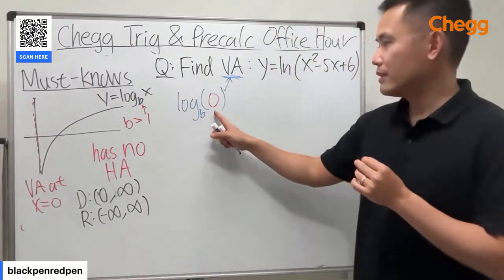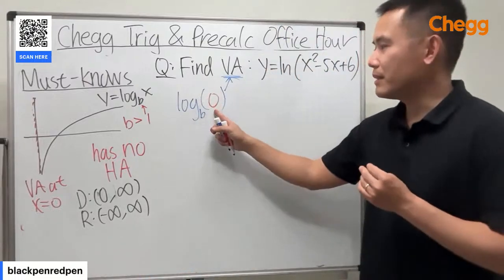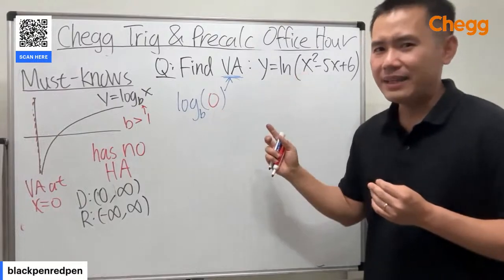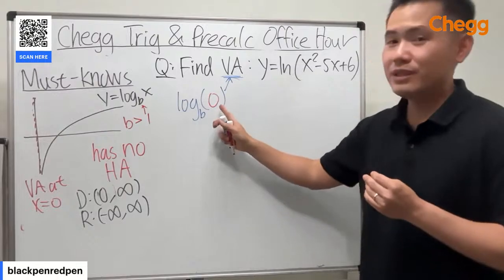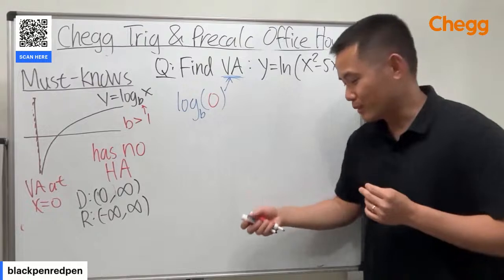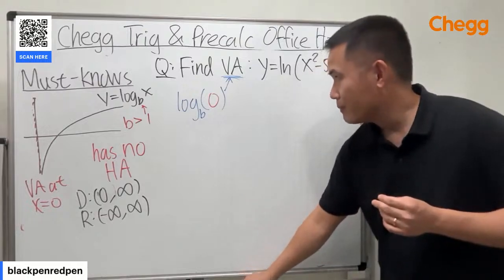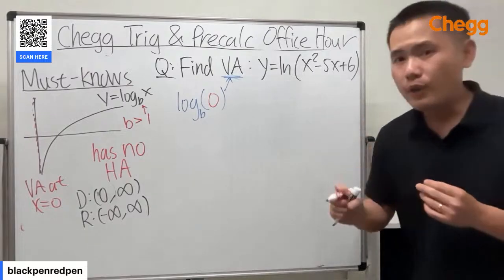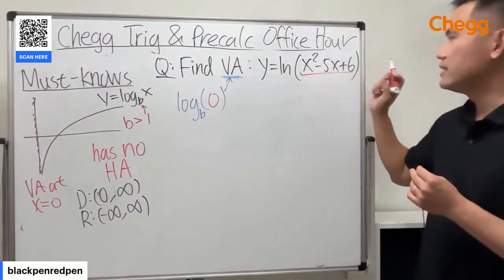Truth to be told, I'm not so sure if there are any other exceptions. I don't think so, but usually for the questions that we do in pre-calc, this will be pretty much enough. So, to find the vertical asymptote of this function, all we have to do is set this equal to 0.